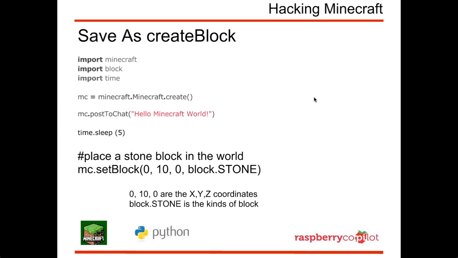Consider if you're standing at that origin and you want to place a stone 5 units to the right, you would use the X-axis. Or if you wanted to place a stone 10 units up, you would use the Y-axis.